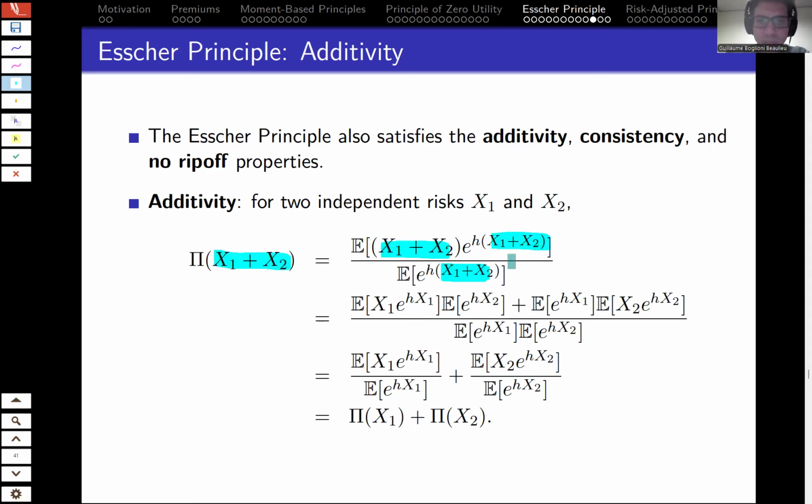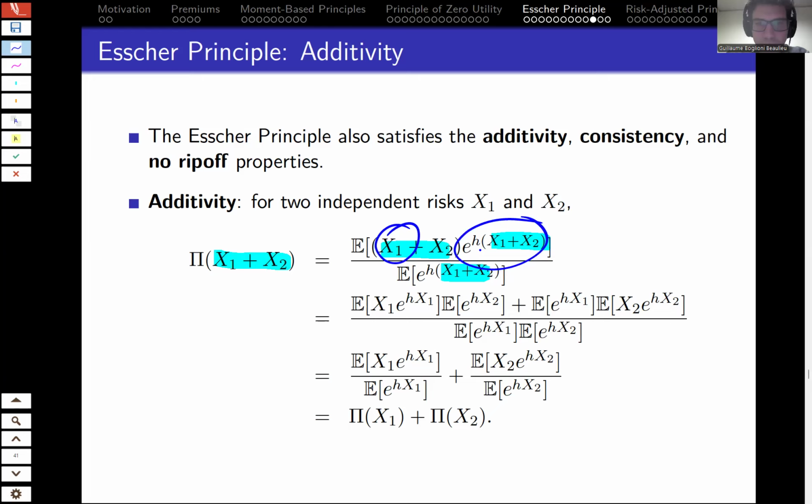Okay, so the first step is just the definition. Then you see this x1, you can multiply it by this, and then I have the plus the other term, this one times this.